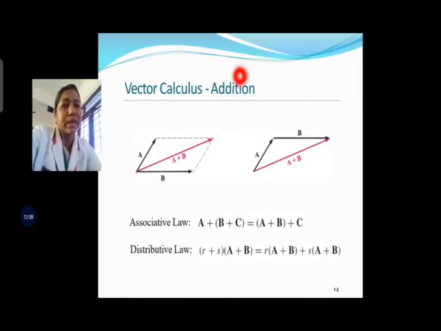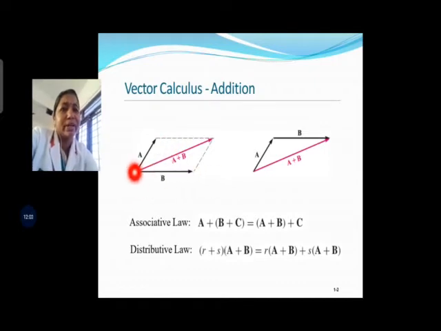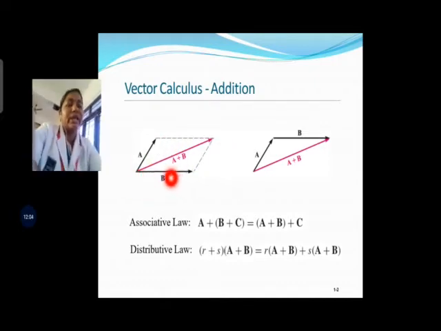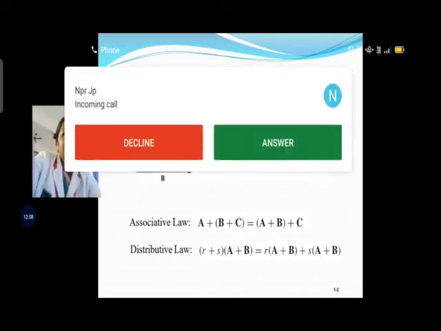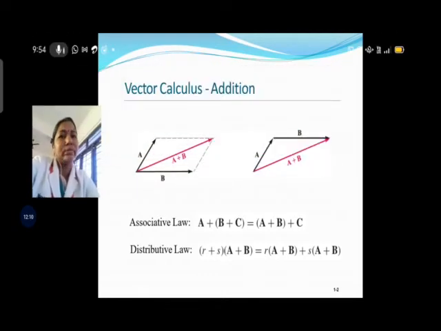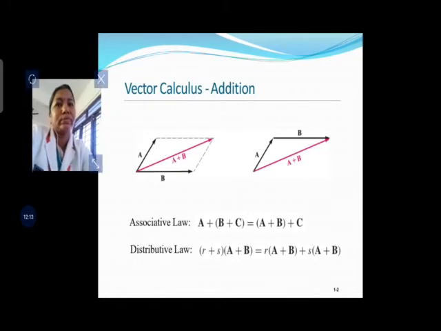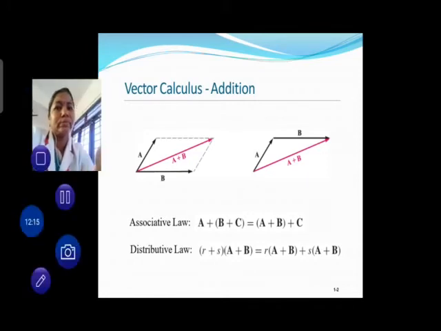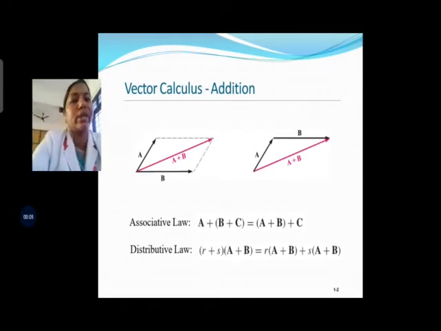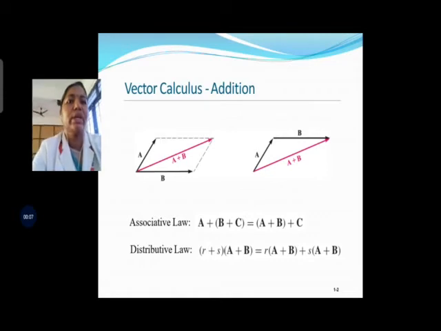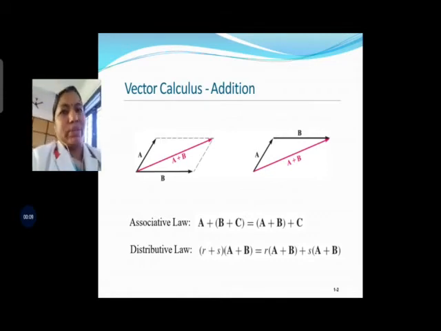So here vector calculus addition. Here we have written A and B, so A plus B. Here we have to study about vector calculus. In vector calculus we will have addition, subtraction, multiplication.